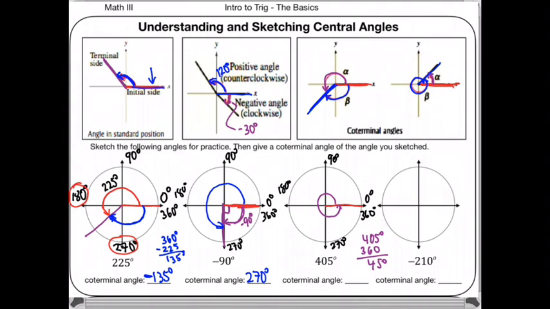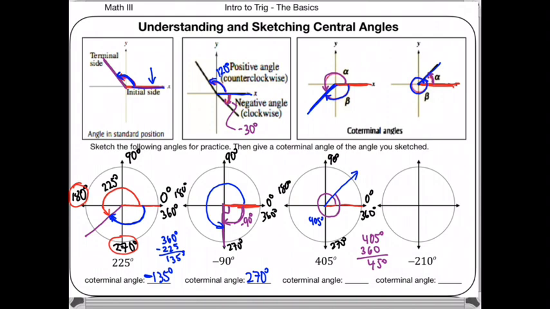So it's not going to stop right at the 360. It's going to keep going past that and go right to 45 degrees, and it is going to create this angle right here. It loops all the way around, and that is going to be a 405 degree angle.